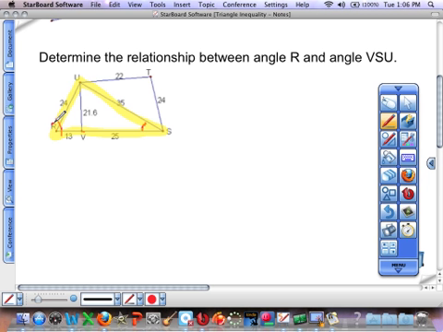How does that compare to the opposite side of angle VSU? 24. So which one has a larger angle? R. Therefore, angle R is greater than angle VSU. That's it. Okay, that's all it's asking you to do.